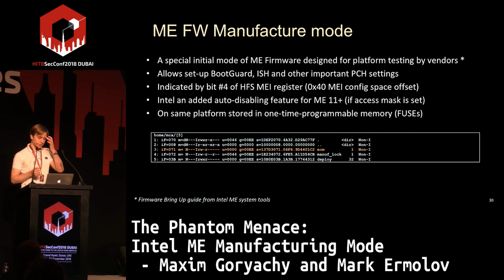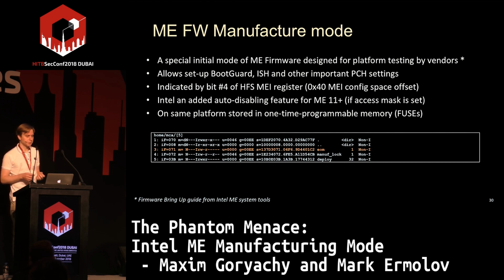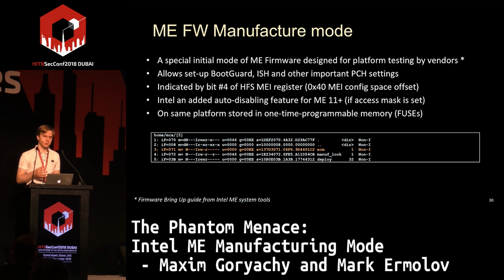As a result, there is no software that can protect or even notify the user if this mode is enabled for whatever reason. This mode allows configuring critical platform settings stored in fuses. It's also one-time programmable memory.